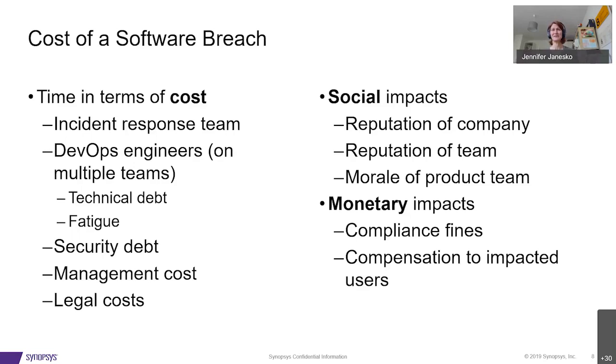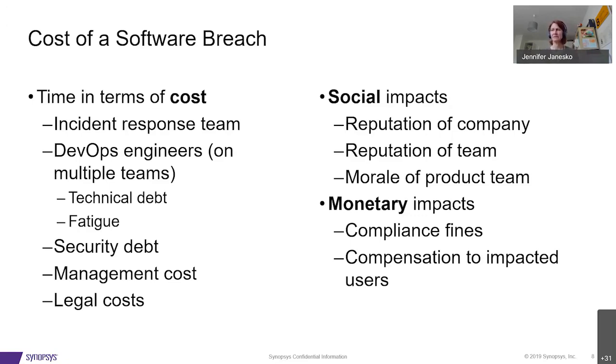The team that missed the cross-site scripting vulnerability gets a bad reputation, and they're not in a good light on the management side. And then there's the morale of the product team that was the root cause of the problem. Morale goes down because you've lost feature time, you worked over the weekend and you're tired, and you had a really bad bug that caused your customers some serious problems.